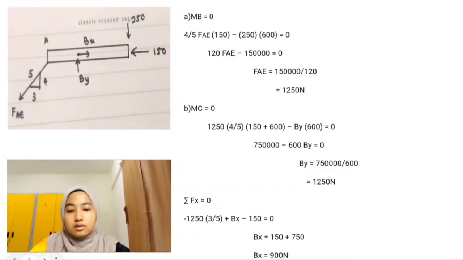So next is 750,000 minus 600 By equals to 0. By equals to 750,000 over 600. The answer for By is 1250 Newton.